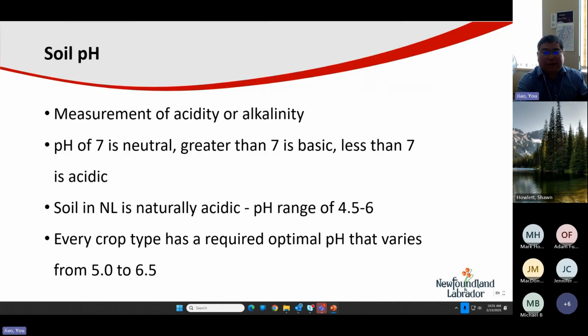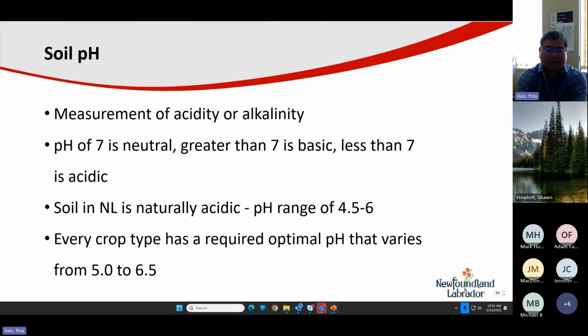The soil pH in the test report is a measure of acidity or alkalinity. A pH of 7 is neutral. Greater than 7 is basic, and less than 7 is considered acidic soil. Soil in Newfoundland is naturally acidic, with a pH range around 4.5 to 6.